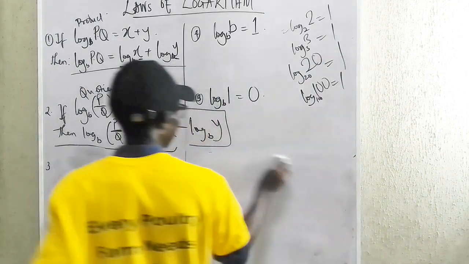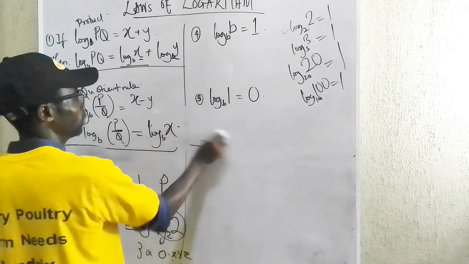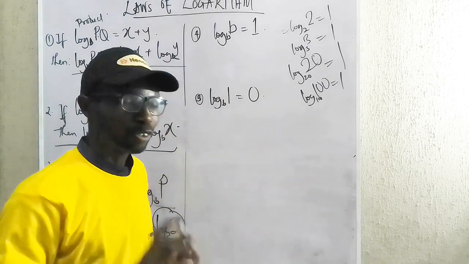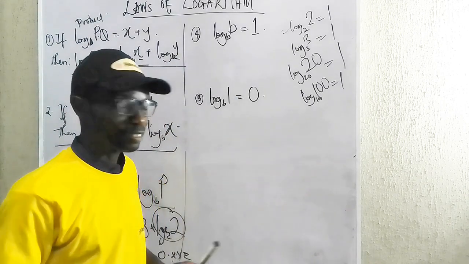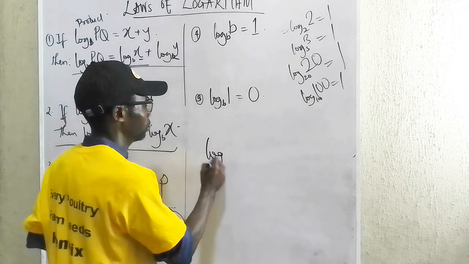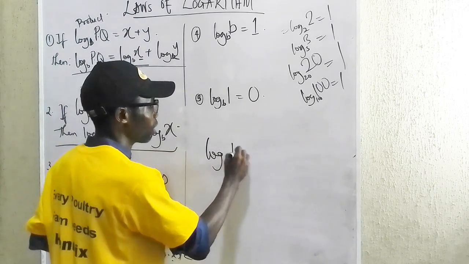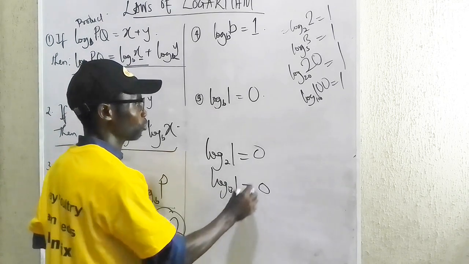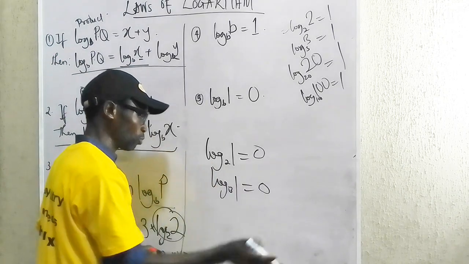Now let's get to the fifth law. It says the log of 1 is 0. So log in base 2 of 1 equals 0. Log in base 3 of 1 equals 0.